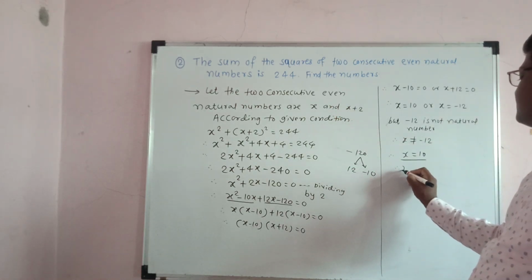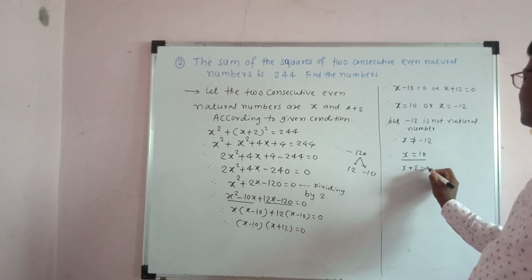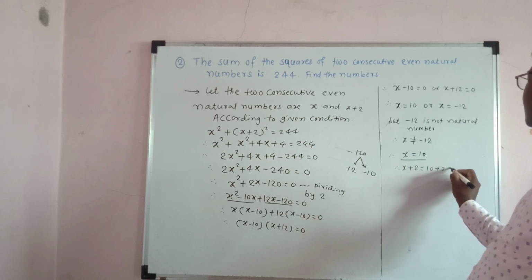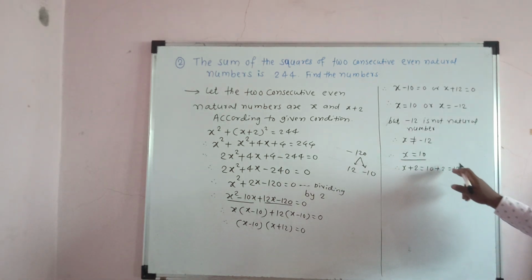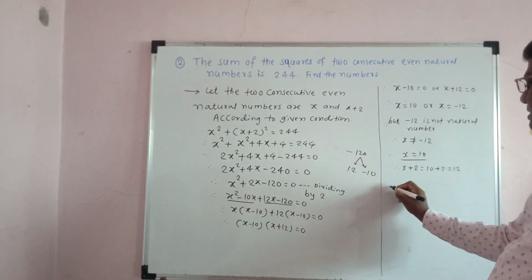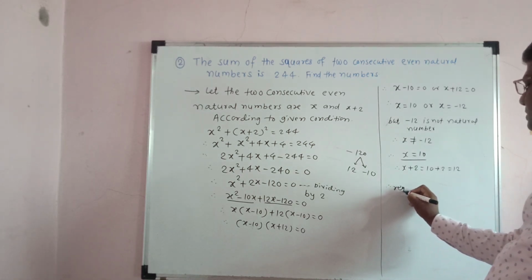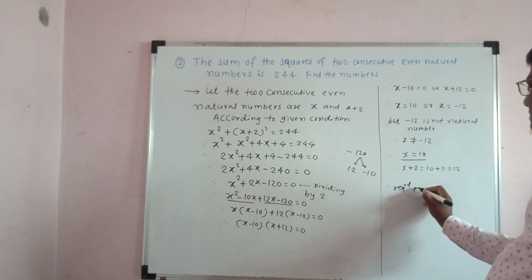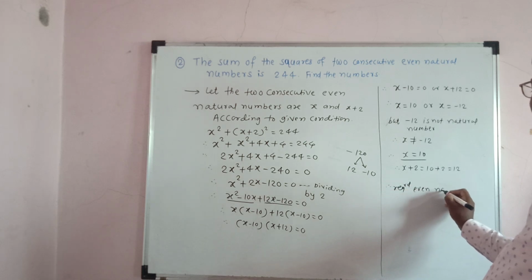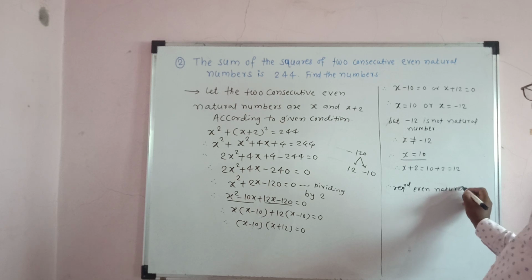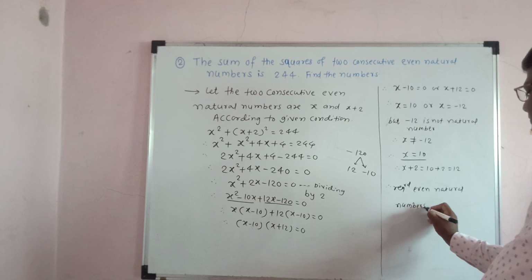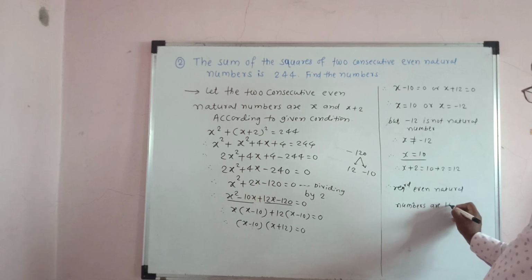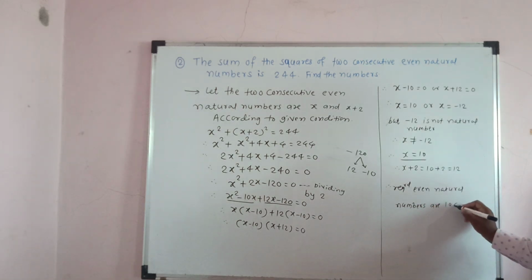And x plus 2 is equal to 10 plus 2, which is 12. Therefore, the required even natural numbers are 10 and 12.